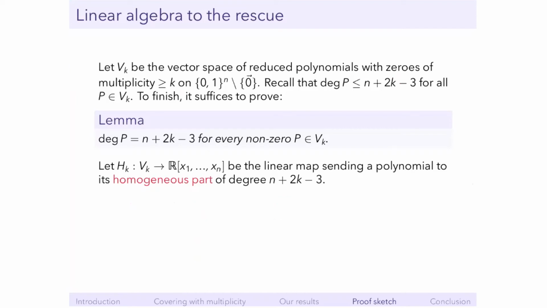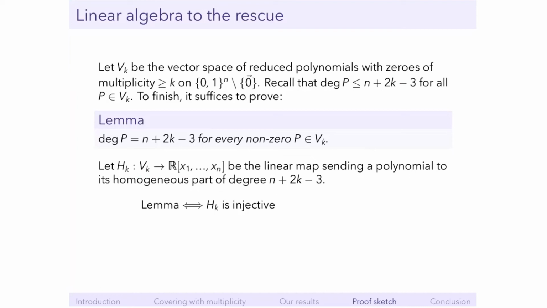So just throw away all the monomials of degree less than n plus 2k minus 3, only keep the ones of degree equal to n plus 2k minus 3. And then this lemma is equivalent to the statement that this function hk is injective, right? That if I take any non-zero polynomial, then its value under this function hk will not be 0, which implies that this polynomial has a term of degree n plus 2k minus 3.